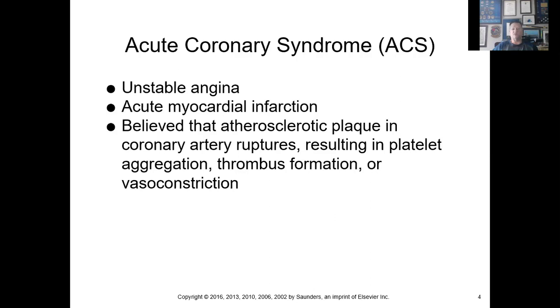Now, you are assuming acute myocardial infarction. These people look bad. I mean, they are pale, they're sweaty, they're scared to death. Their heart rate is high with EKG changes, and they have an assumption of doom.